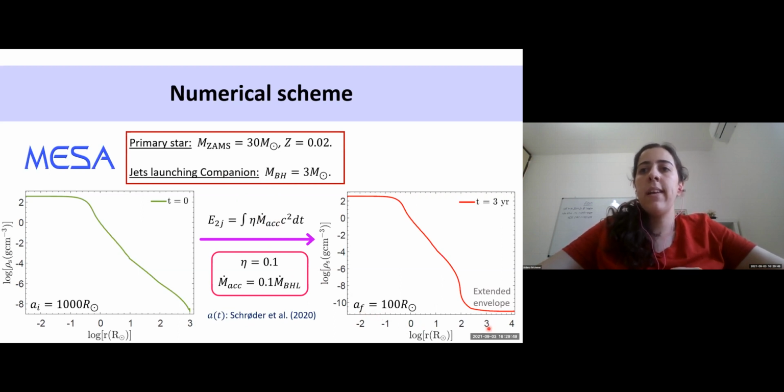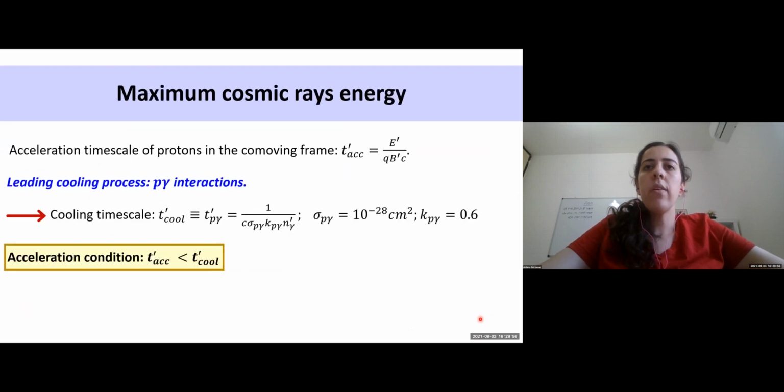So we can see that an extended envelope is formed around the system of a black hole and core. We take our stellar profiles in order to see what is the maximum cosmic ray energy that our scenario can give.